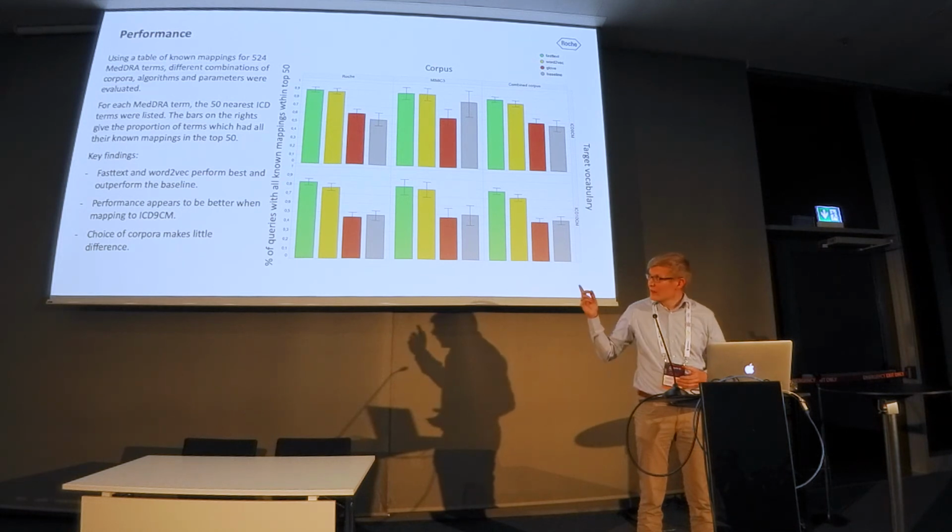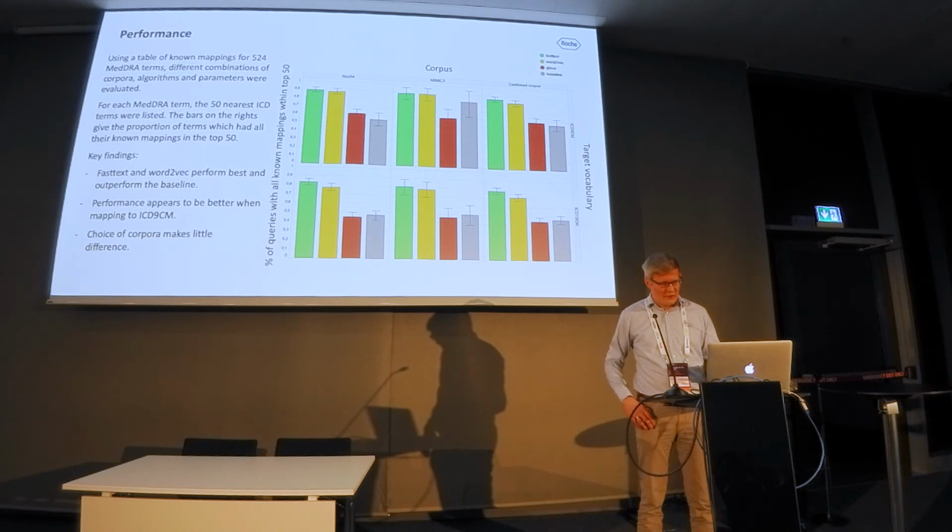As you can see in the results, especially for ICD-9, if you use the fastText or the word2vec algorithm, your recall rate is around 90%, which is actually pretty good. So for 90% of your MedDRA queries, you find the known true mappings within the top 50.